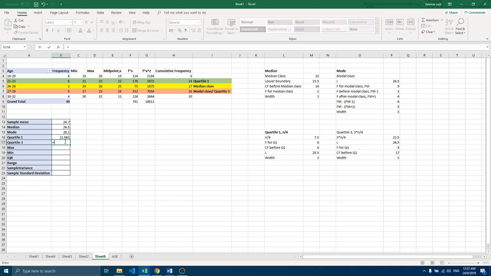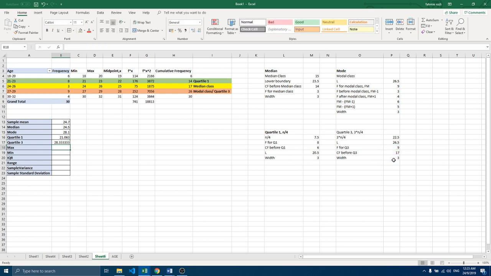It's equal to the same formula. Lower boundary plus width times, take the 3 multiplied with n divided by 4, then minus cumulative frequency before, close bracket, then divided by frequency for quartile 3, close bracket again, multiply with 3, enter.